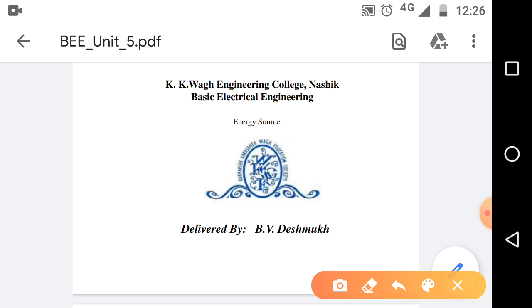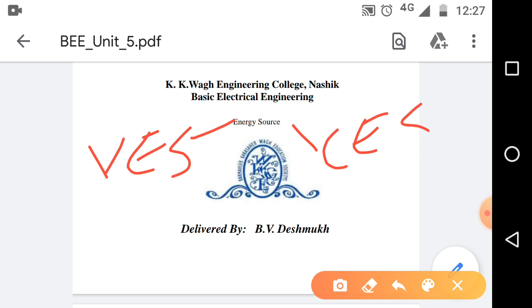Today, I want to share a small topic, that is energy source. Basically, energy sources are of two types. One is voltage energy source and the second one is current energy source. These voltage energy sources are further divided into two parts.